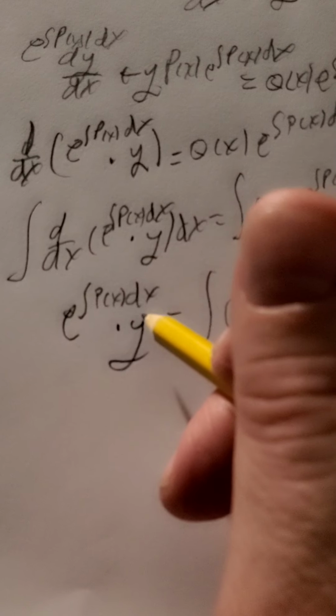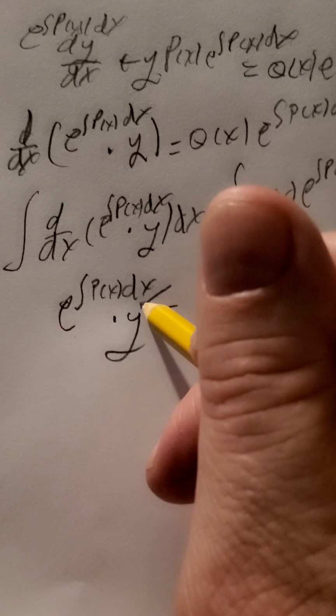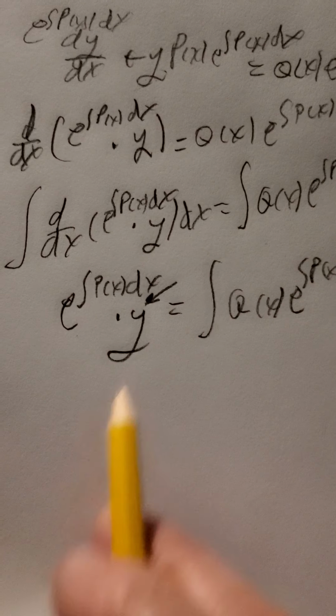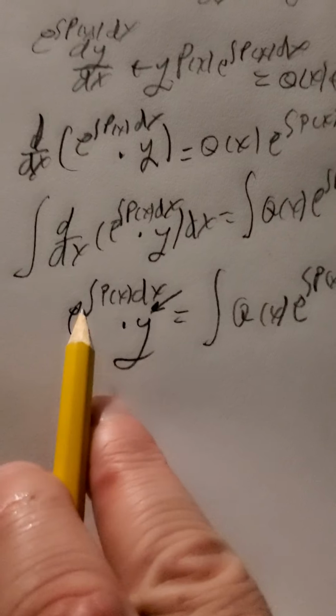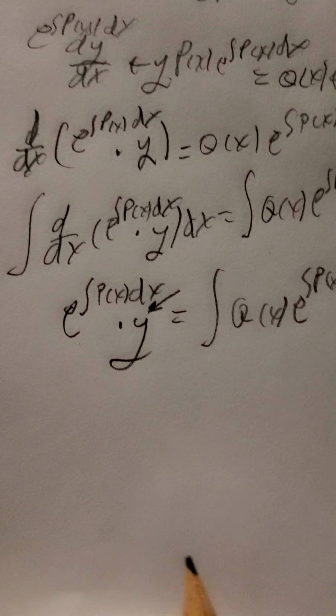right? All right, so now to isolate y, all I have to do is divide both sides by this e to the integral of p of x dx.